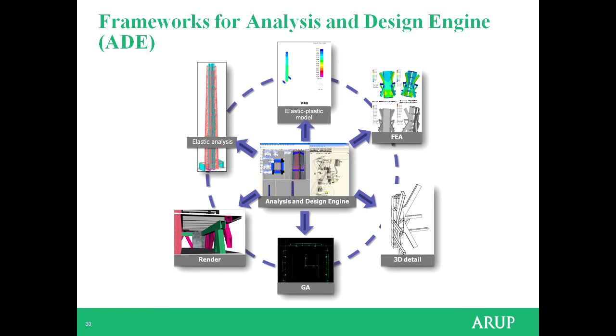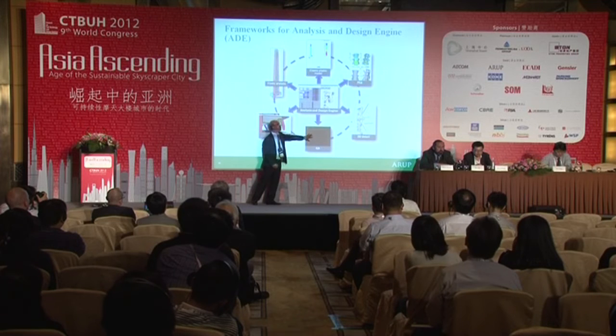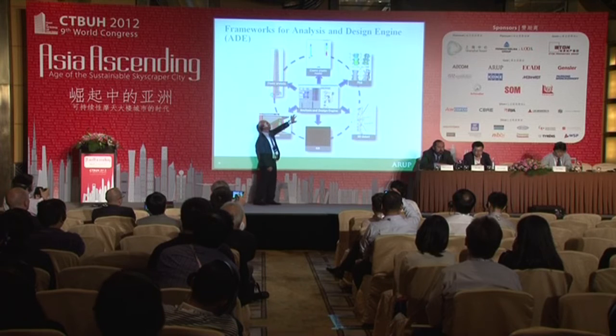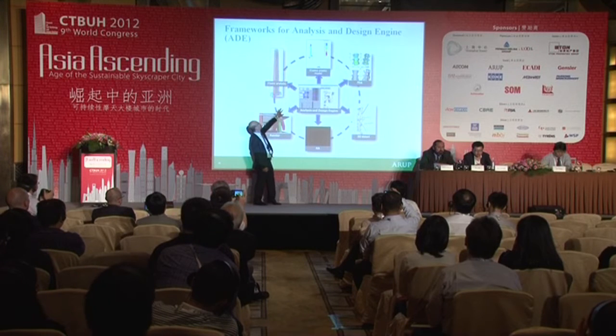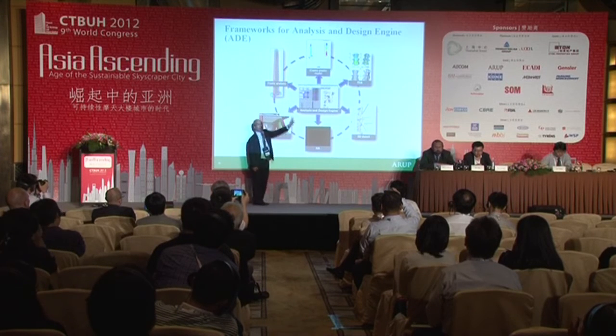Now, this is a diagram showing the analysis and design engine. Normally, I think now in the commercial world, we've got a BIM model. Whether you can accept it depends on the capability of the software. But at the same time, what we did is generate an elastic model.